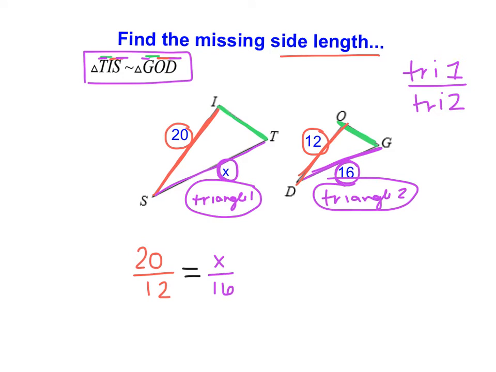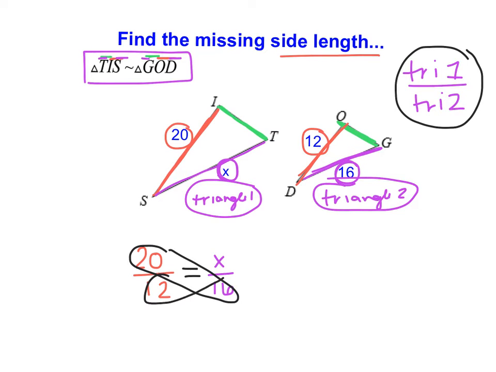In their simplest form, these two fractions simplify down to the exact same fraction, so they have to be equal. So I created two ratios by doing triangle 1 with its side length over triangle 2. I've now created a proportion, and I can utilize cross multiplication to help me solve this.